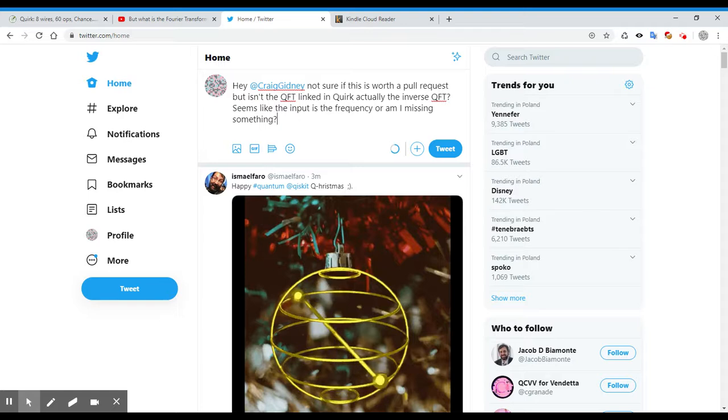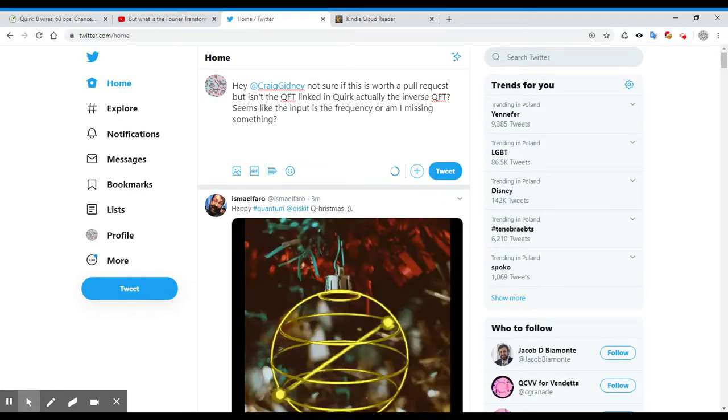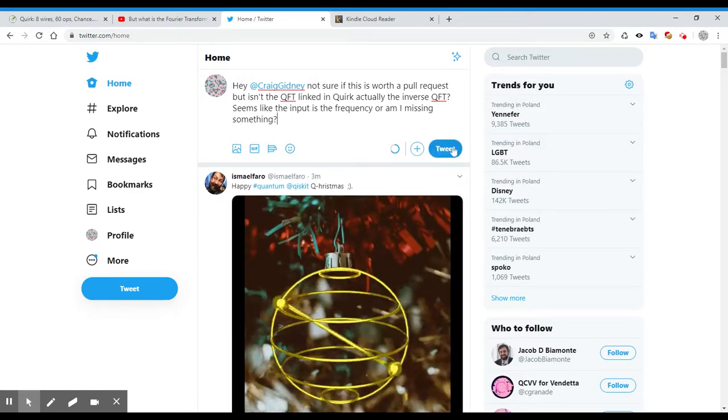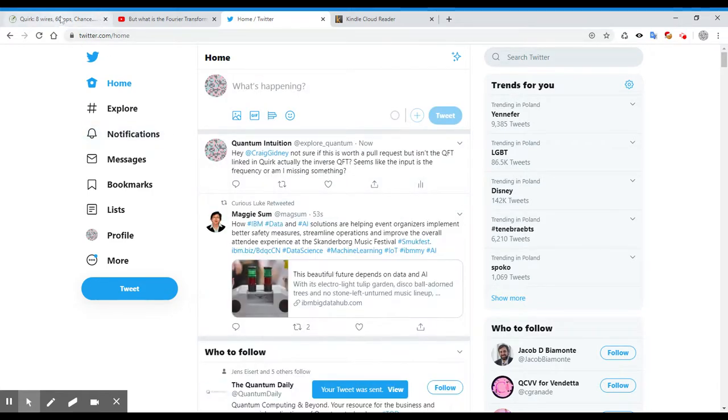I mean, at least in the classical case, the classical Fourier transform seems like it's from wave amplitude to frequency kind of thing. Of course, I'm not going to be able to paste that. Cool. Let's see what he says.